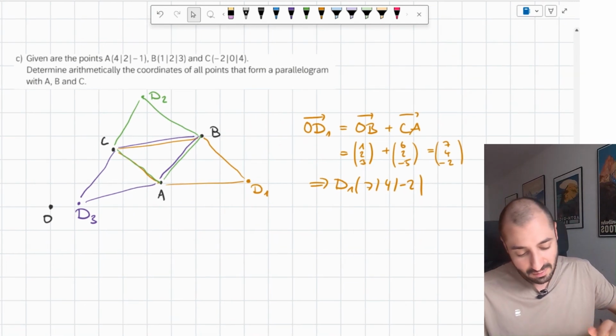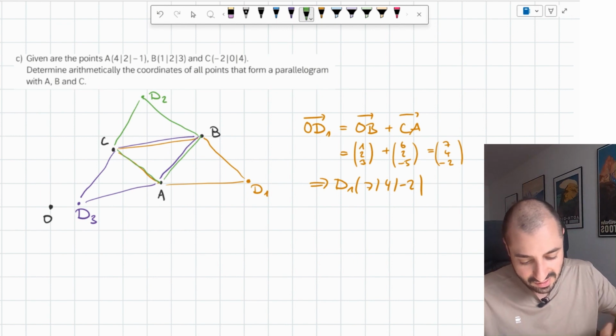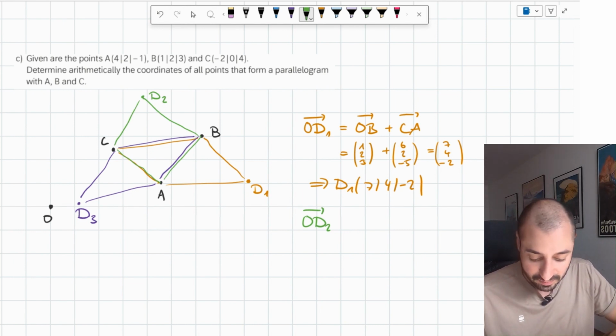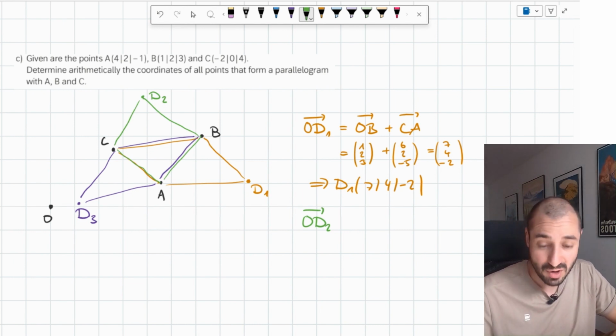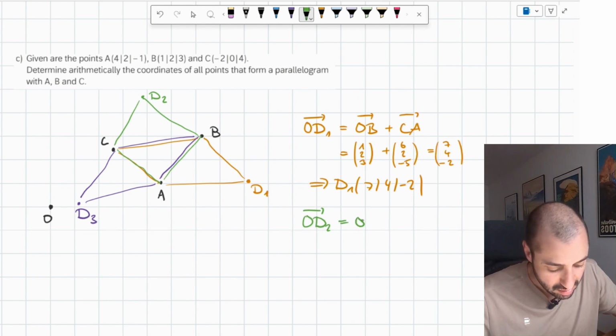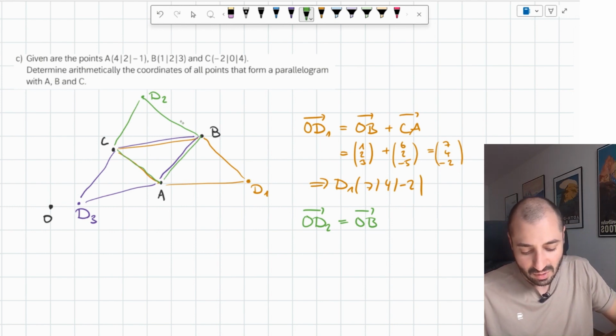You could do the same thing for the other points. So let's do the second one as well, OD2. How do we get here? So there are different paths again. One way would be to go to B again, so OB, but now instead of going down here, we go up.